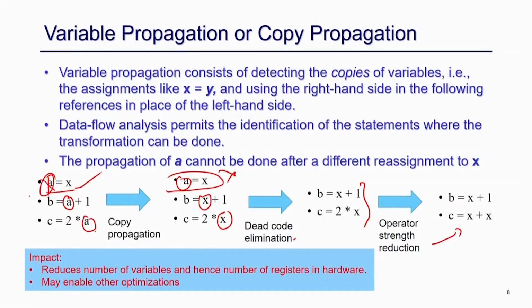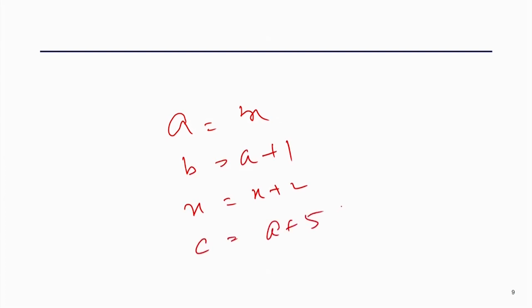One point to be noted here is that we cannot blindly replace all occurrences of a, because if a or x is redefined, then you cannot just use it. For example, suppose a equal to x, and then b equal to a plus 1, then x equal to x plus 2, then again c equal to a plus 5. I can replace in the second operation, because the value of x is still the same there.